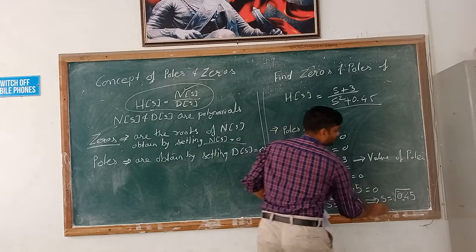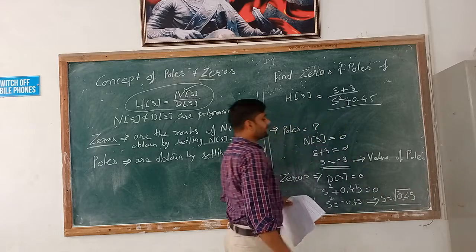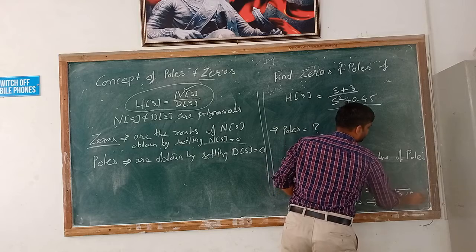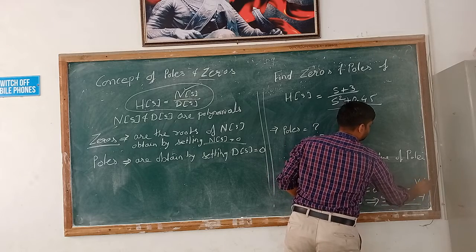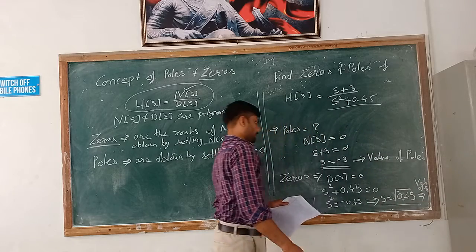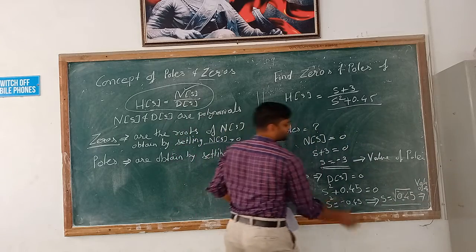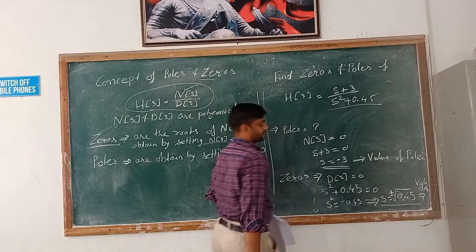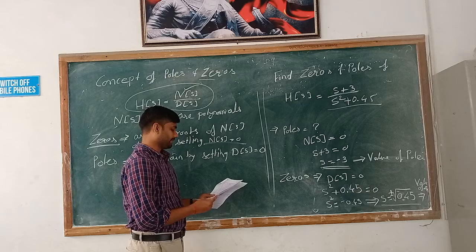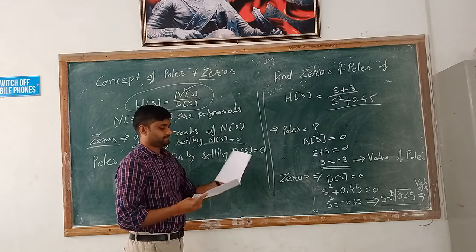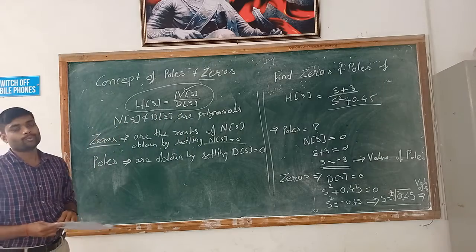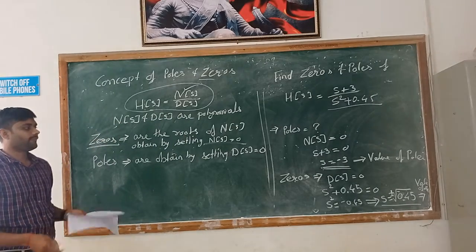So this is the value of s. In this way we find the zeros and poles of the transfer function.